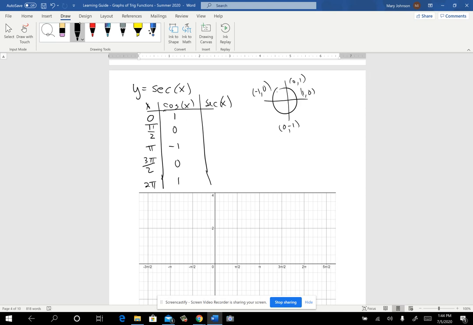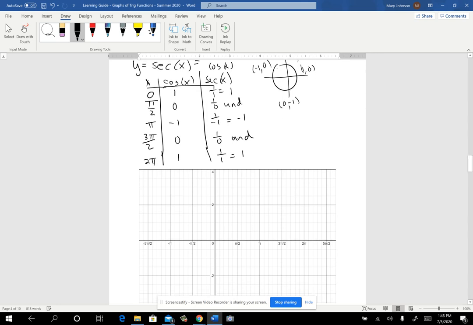When we do the secant, secant is 1 over cosine. So we'll take the reciprocal of each of these. And again, we're going to get some undefined values, but they're going to be in a different location. It's going to be undefined at different spots than the other one was.